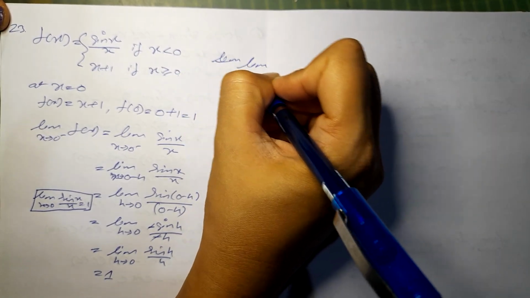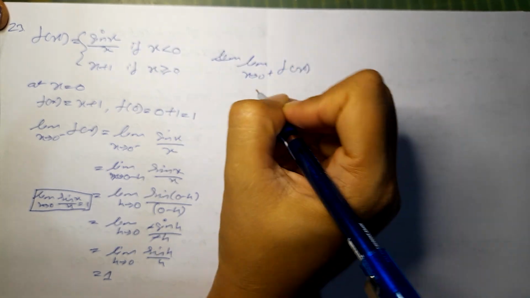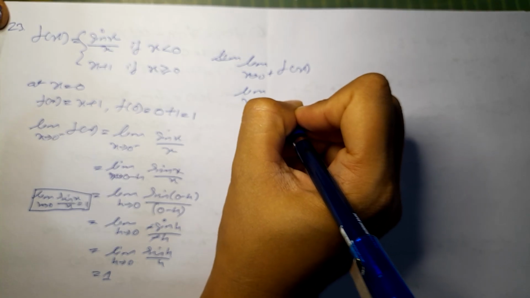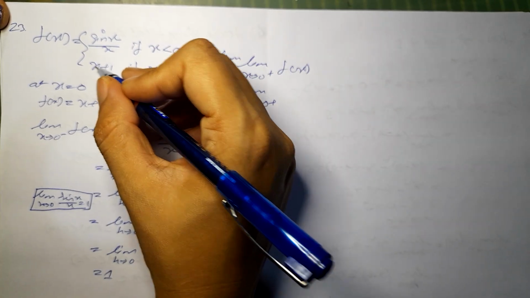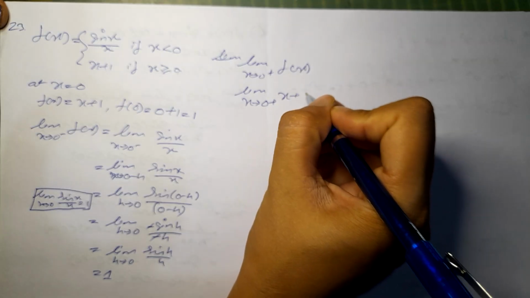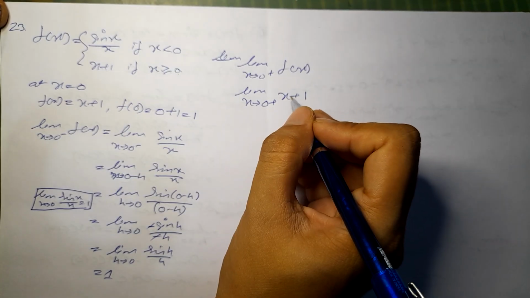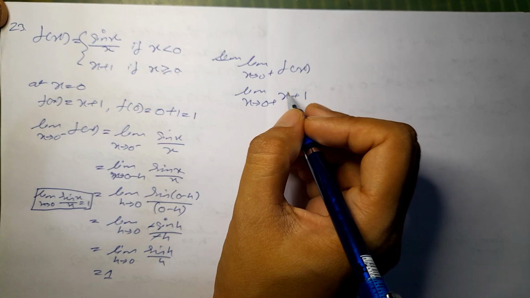Limit x tends to 0 plus f of x. The function is for x greater than 0, the right hand side of 0, so it will be x plus 1. We can put 0 directly instead of taking the h also. If you want, you can take the h.